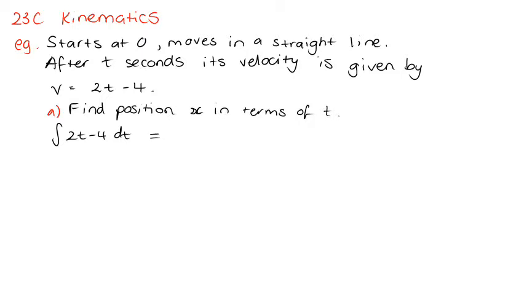That equals, so we add 1 to the power, take that over, so it'll be t squared minus 4t plus c. Your letter there is whatever letter's in the function. There's a t in the function, so it's dt. If there was an x in the function, it'd be dx.